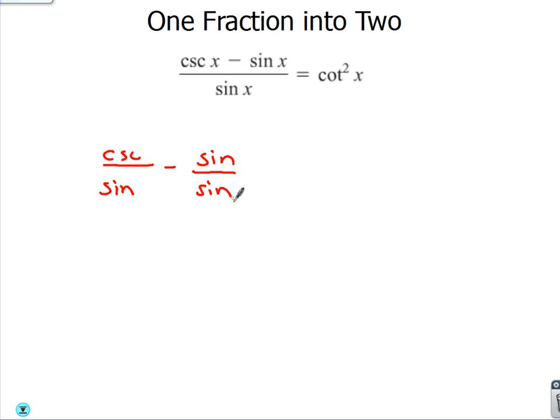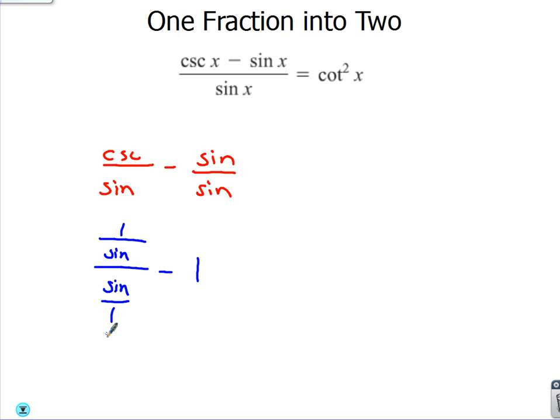Distributive property. Cosecant, I'll go ahead and write it again. What is cosecant? 1 over sine, over sine. Minus sine over sine is simply 1. 1 over sine over sine. Excuse me.